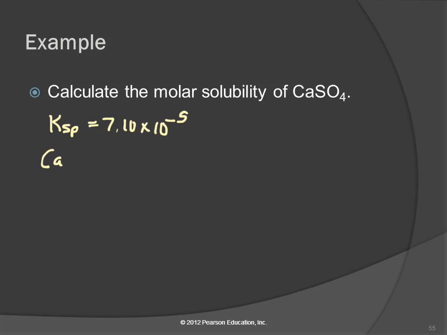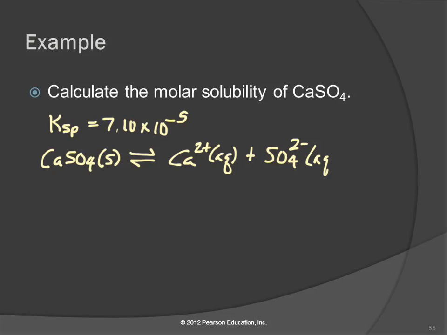Now we need to write the chemical equation for calcium sulfate dissolving. We're going to get calcium ion and sulfate ion. Is that balanced? It is. So KSP equals the calcium ion concentration times the sulfate ion concentration.